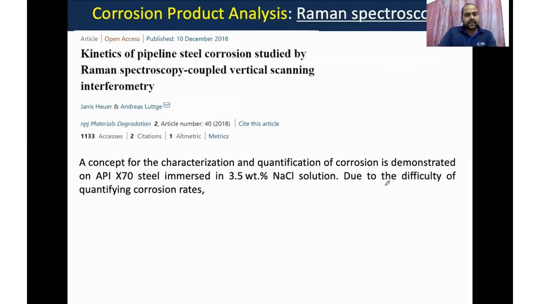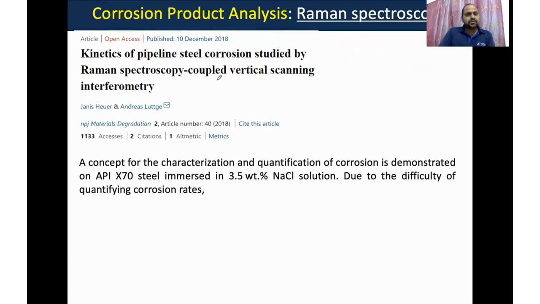Here we can see one example to understand Raman spectroscopy data. This paper was recently published in npj Materials Degradation in 2018. The title is Kinetics of Pipeline Steel Corrosion Studied by Raman Spectroscopy Coupled with Vertical Scanning Interferometry.